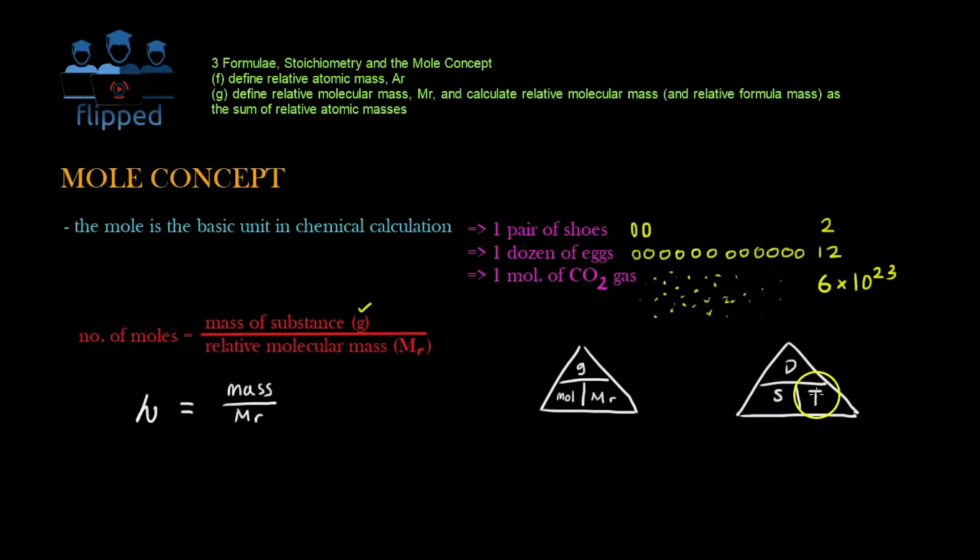If I want time, I cover up time: distance divided by speed. If I want distance, I cover up distance: speed times time. So we merely adapted this triangle into our mole calculation, which means G, mole, and MR. Hopefully this is clear. This formula is very important, and it's not provided, so you have to memorize it.